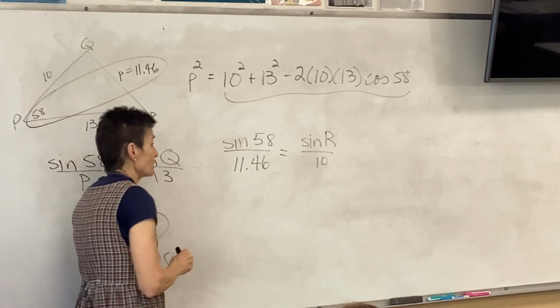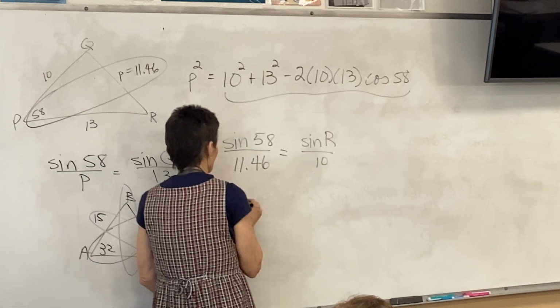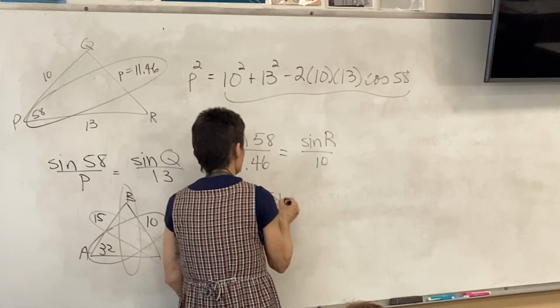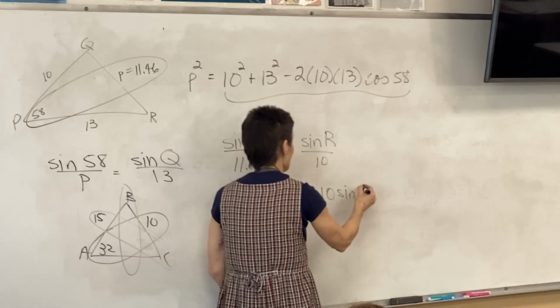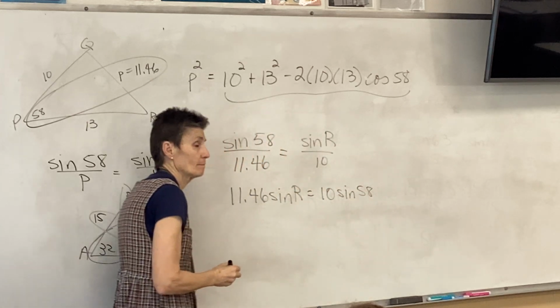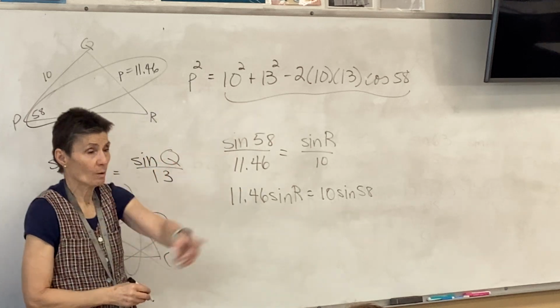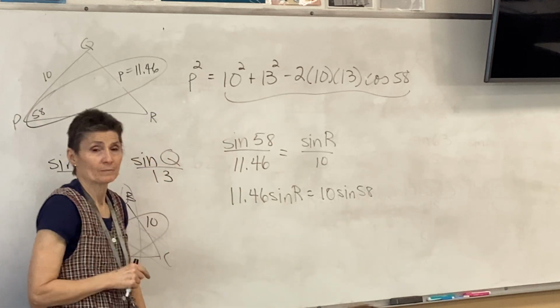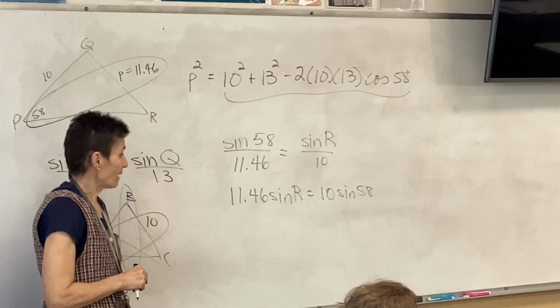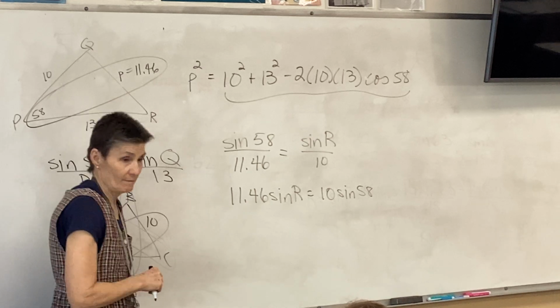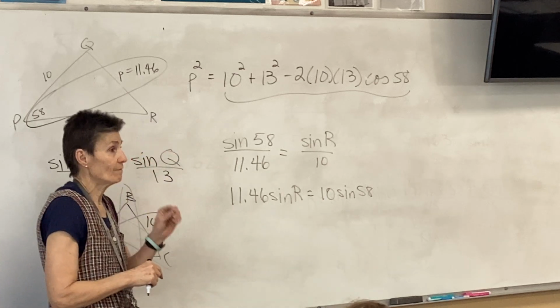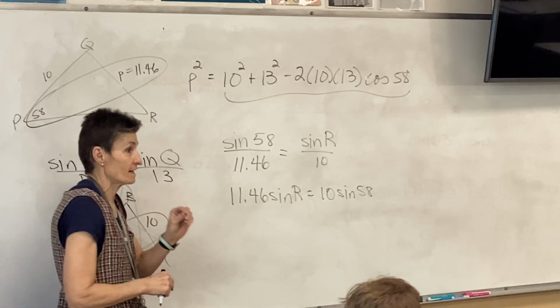So now I'm going to cross multiply. 11.46 sine R equals 10 sine 58. This one equals this one. Now I'm going to have to divide. What am I going to divide by? 11.46.